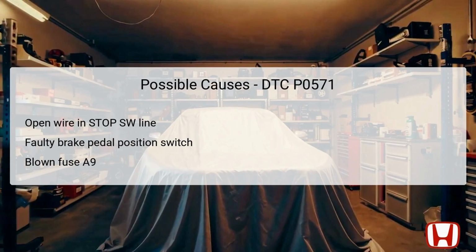Additionally, a blown fuse A9 can interrupt the power supply necessary for the switch to function. Each of these causes presents distinct challenges and requires a systematic approach to diagnose effectively. This might involve checking the wiring, testing the switch, and examining relevant fuses to understand where the interruption lies. Identifying the exact cause ensures the correct repair procedure is followed.